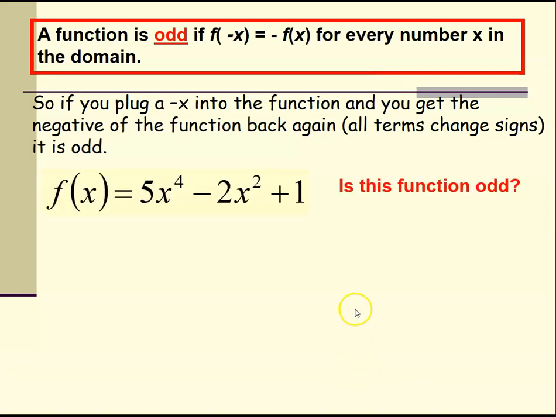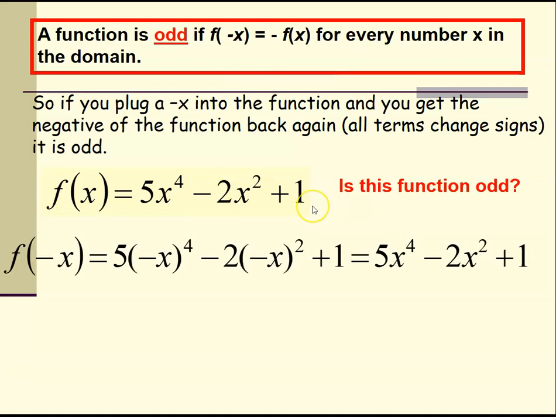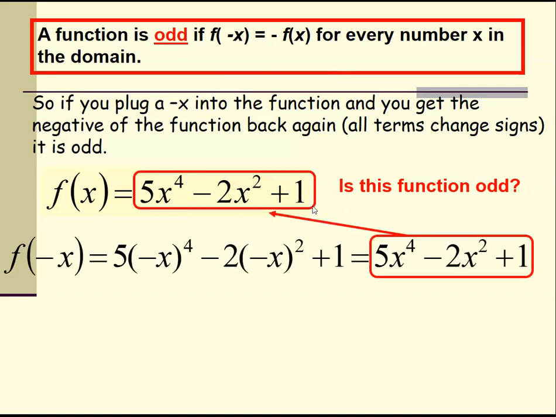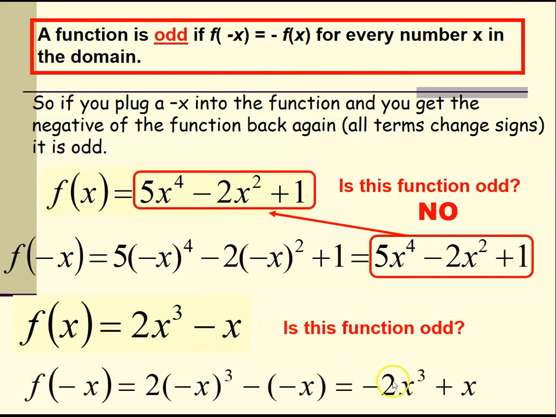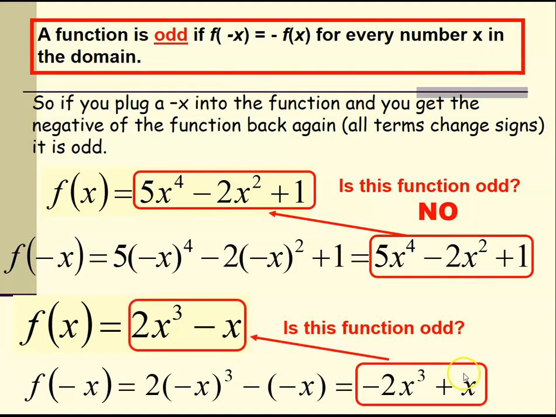Let's go back to the first one. This one is an even function. On the other hand, we have f of x equals 2x cubed minus x. When we observe, all of the signs change. So therefore, this is an odd function.